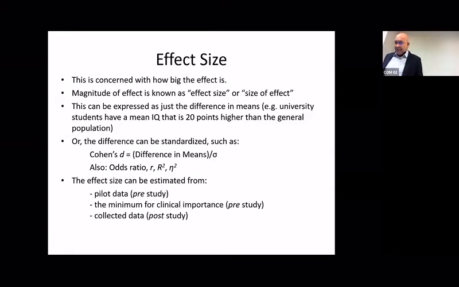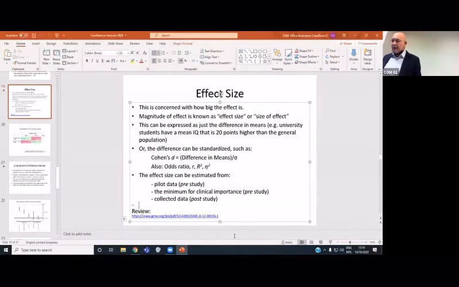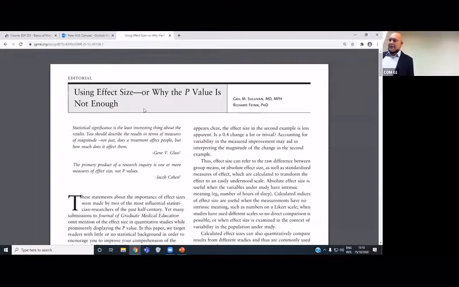Okay, I talked about effect size. You can suggest a value that is of minimum clinical importance. This is pre-study, or you can actually collect the data and that'll tell you how large the effect is. Okay, and there's this good paper here that I want you to look at: Using Effect Size, and Why the P-Value Is Not Enough.